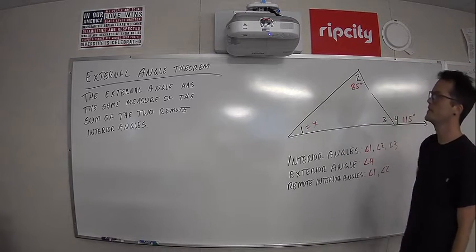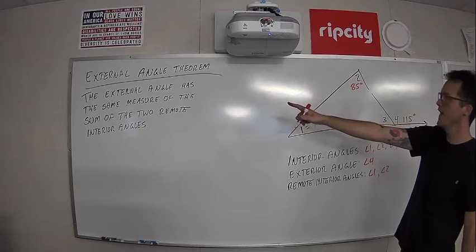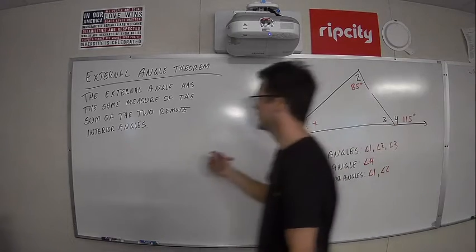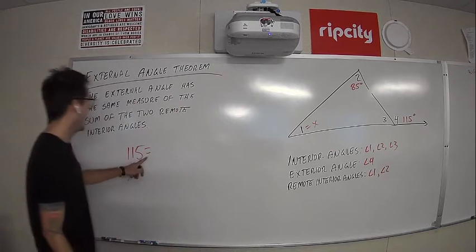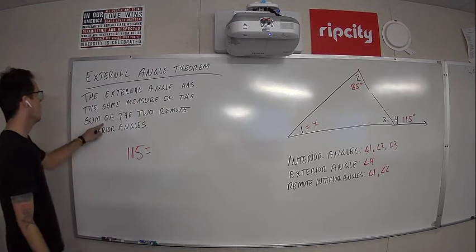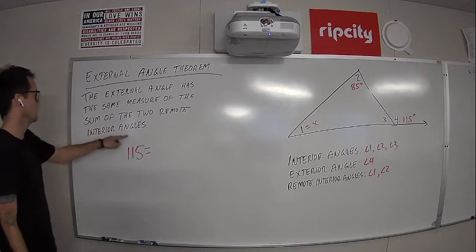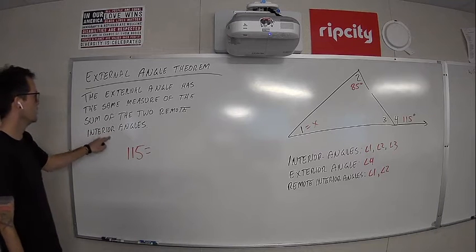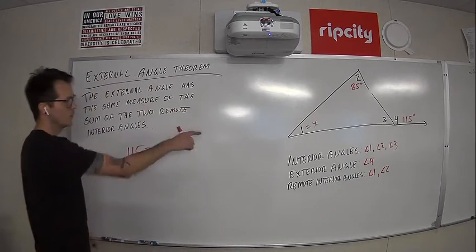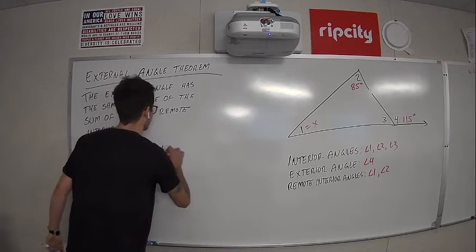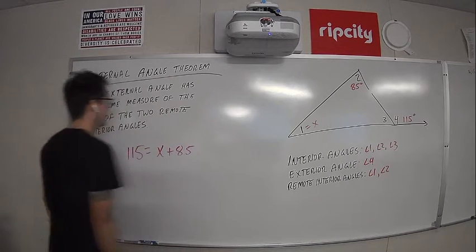Well, we're going to apply this theorem right away. We know that the external angle, in this case it's 115, so I'm going to set this up right now. The external angle has the same measure as the sum of the two remote interior angles. Sum means we're adding the two remote interior angles, angle 1 and angle 2. So if we add angle 1 and angle 2 together, we get x plus 85.